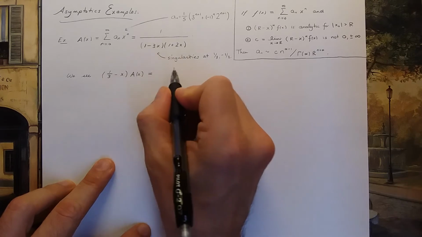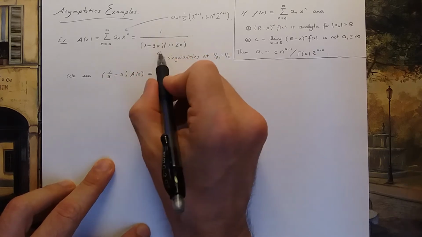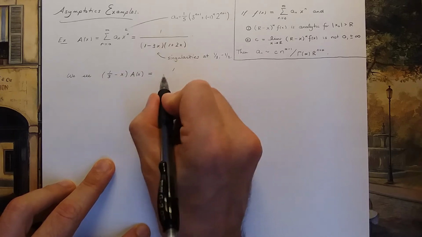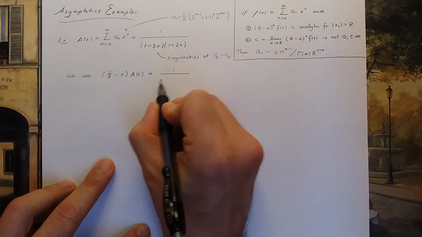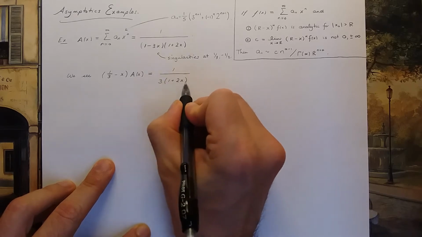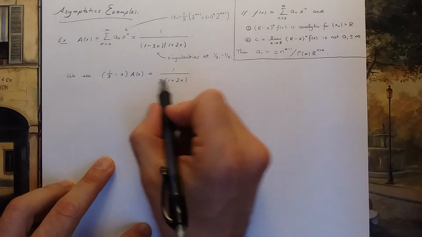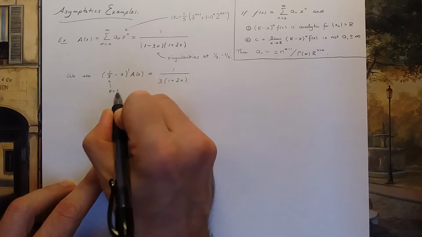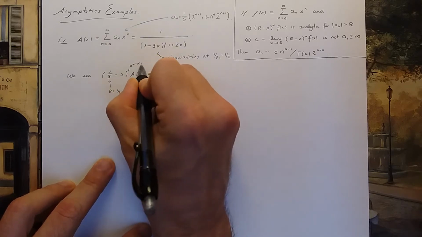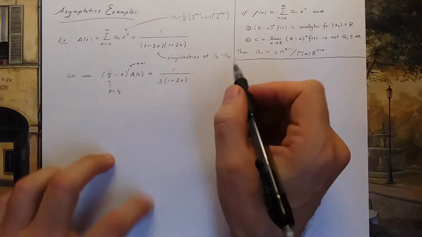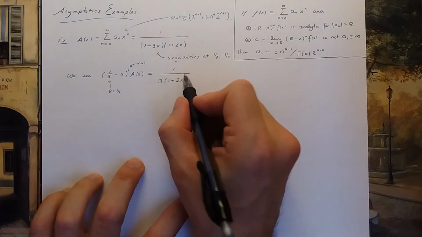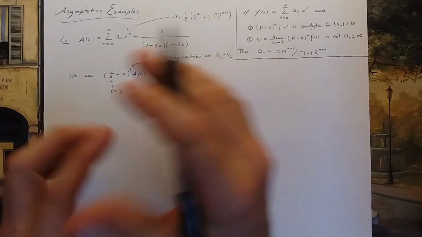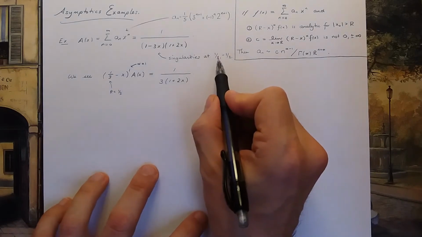If I rewrite the bottom function, if I factor 3 out of here, I will get 1 over 3 times (1 plus 2x). So when I multiply by this, here my R is equal to 1/3, my alpha is equal to 1. I've removed the singularity at 1/3. What remains is a generating function that has smallest singularity at negative 1/2, which is farther away from 0 than 1/3.